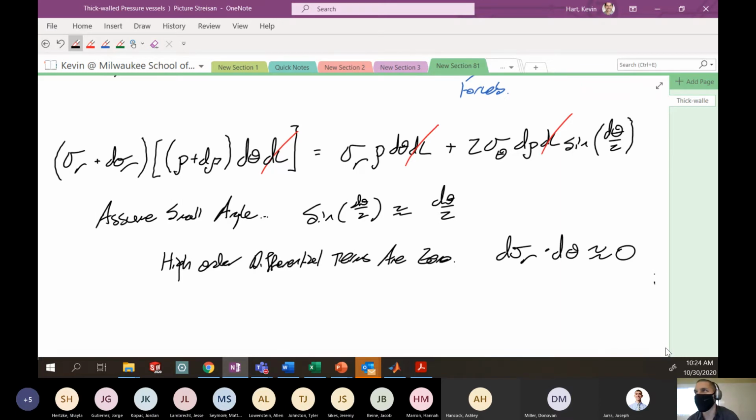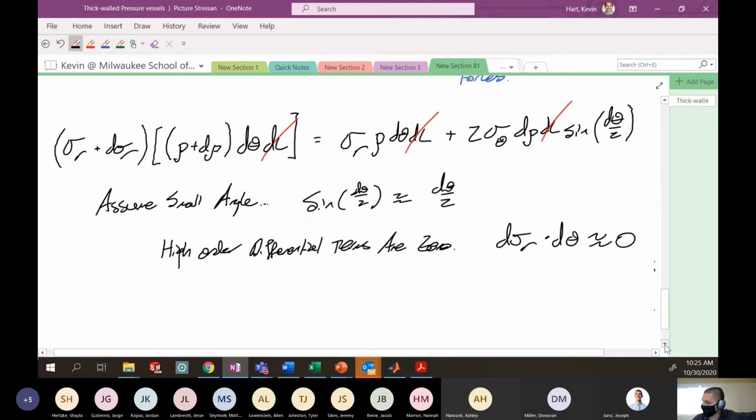We want to only deal with the terms that are of order d theta or d sigma r. That rears its head when you have things like d rho times d theta, or things like d sigma r times d theta. That's where those terms are going to pop up. Okay.